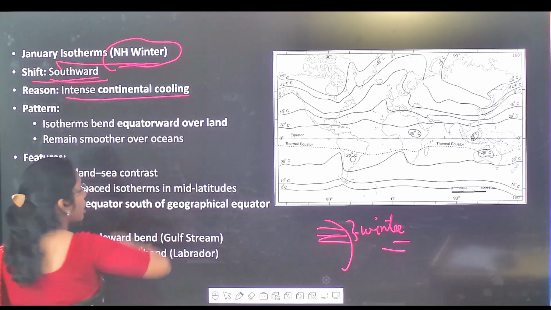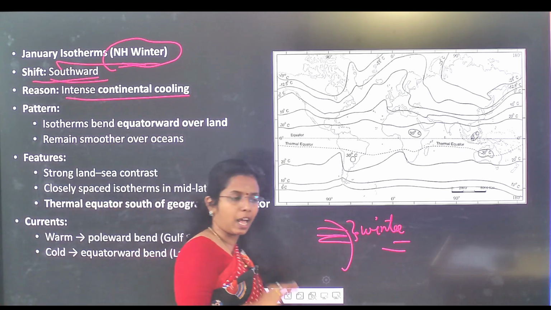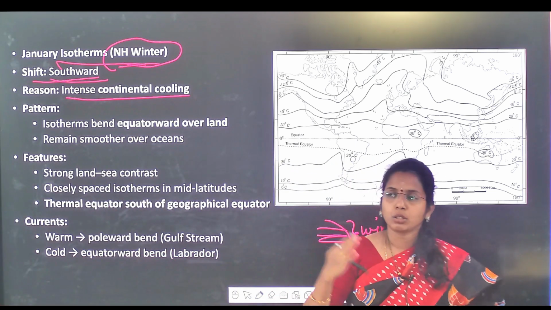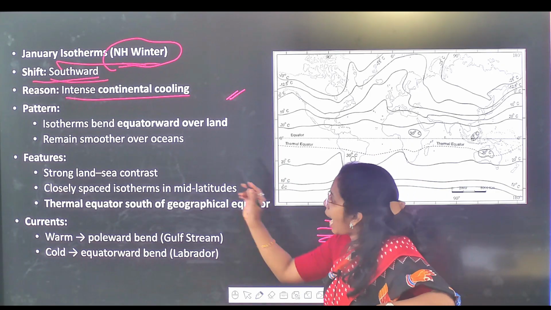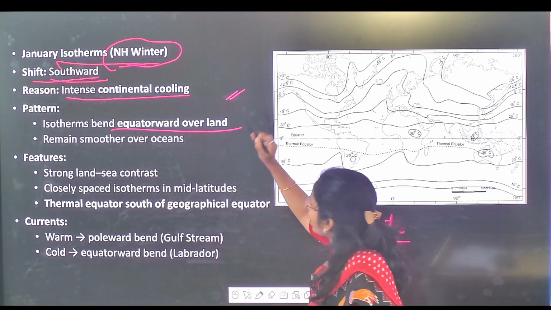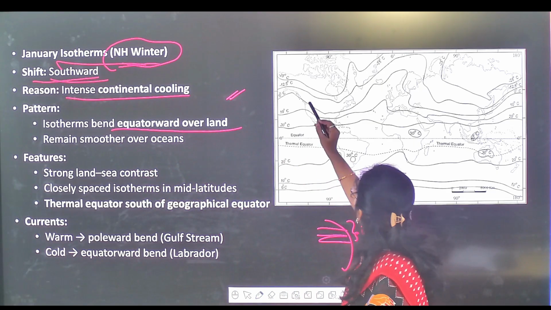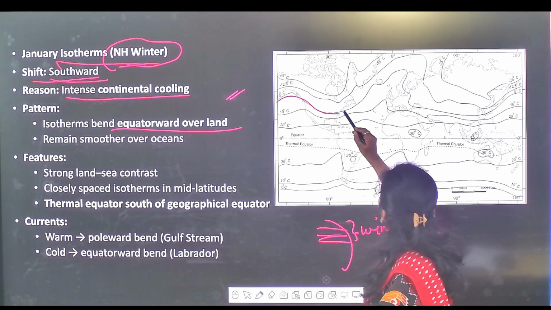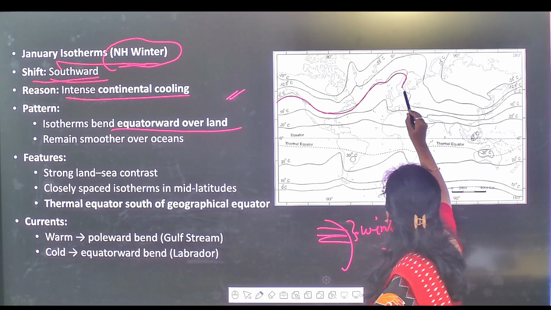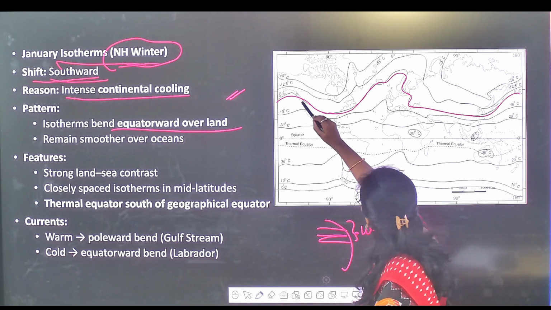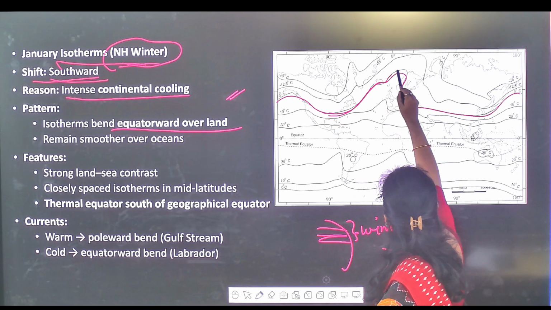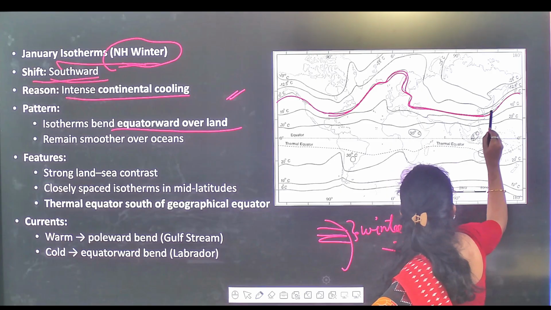Intense continental cooling. When you see continents, land cools very fast. So in January you will see intense continental cooling and isotherms bend equatorward over land, like this. Means all this 0 degrees you will see in the land, and again in the ocean, and again in the land.